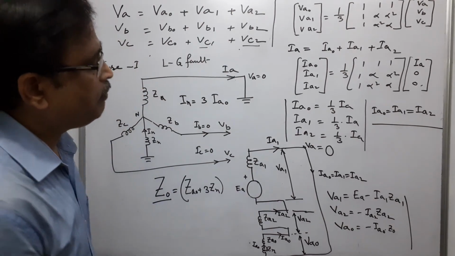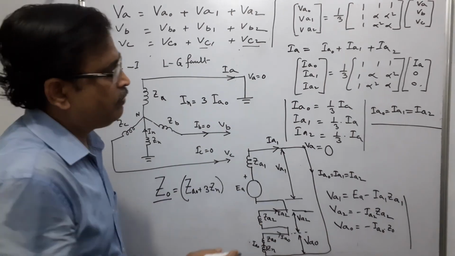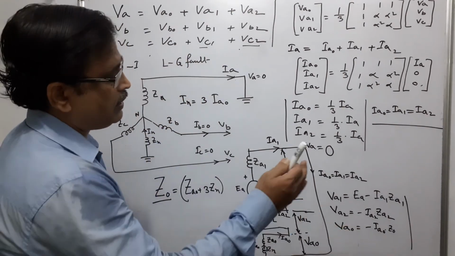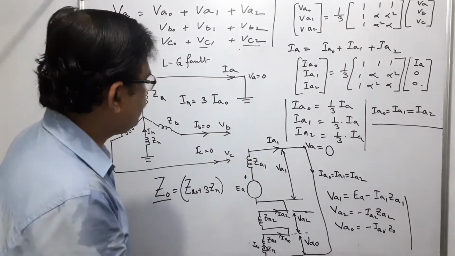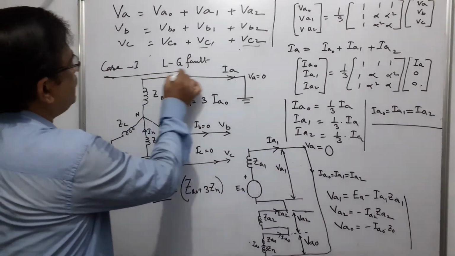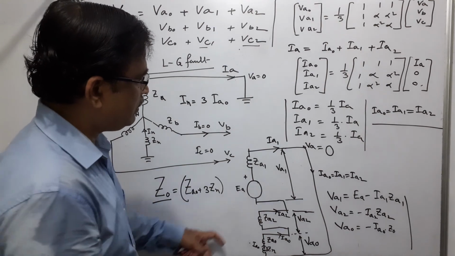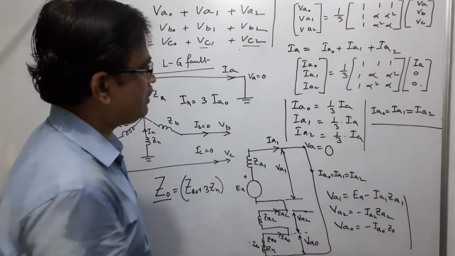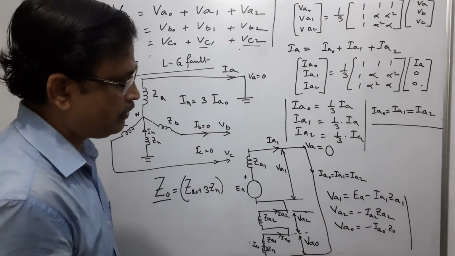Once VB1, VB2 and VB0 are known, take VB as the summation of these three. This is the derivation for LG fault, the sequence network of LG fault, with the sequence currents and sequence voltages. Okay, so take a snap.